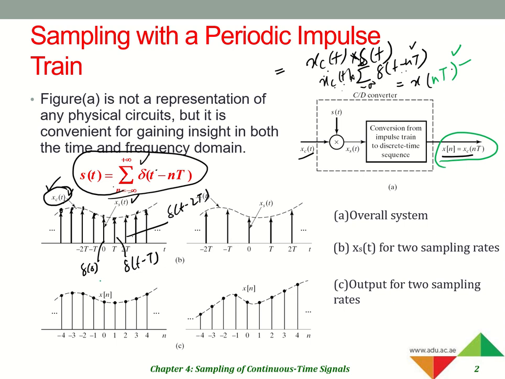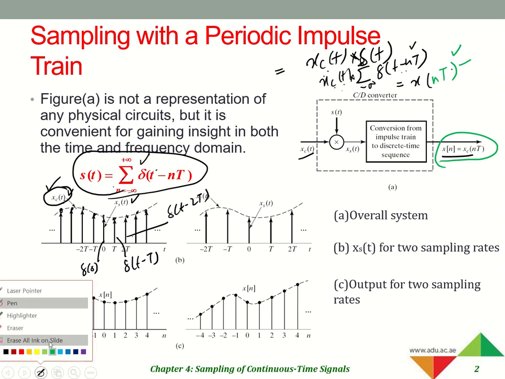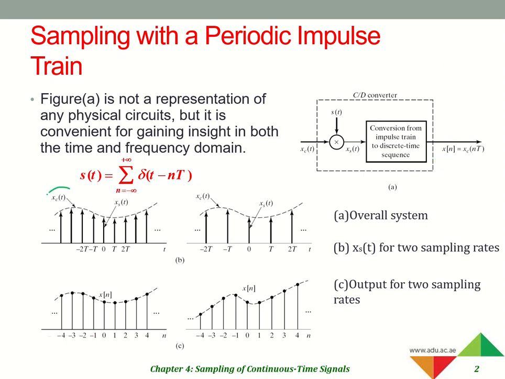This picture shows that if I have a continuous time signal and this is my impulse train with a sample period of T, here I am taking more samples. This is the same signal, but here I am using a different sampling frequency. Here I am using a low sampling frequency, and here a high sampling frequency.